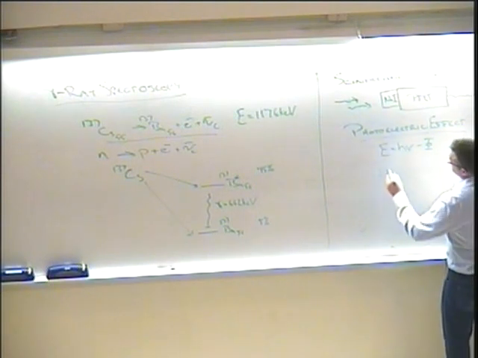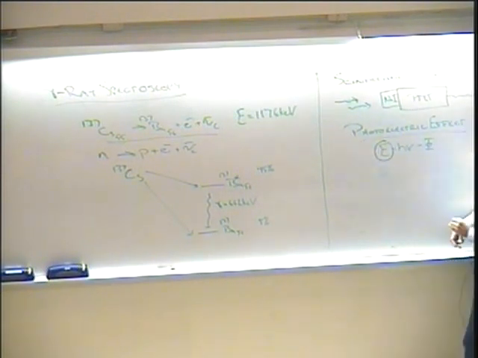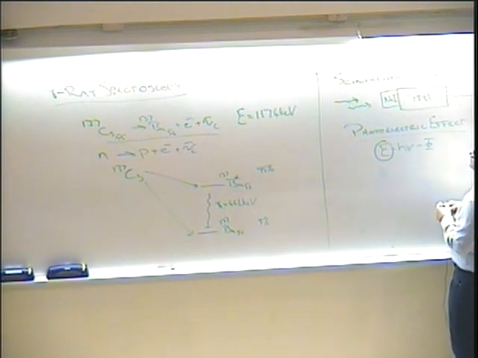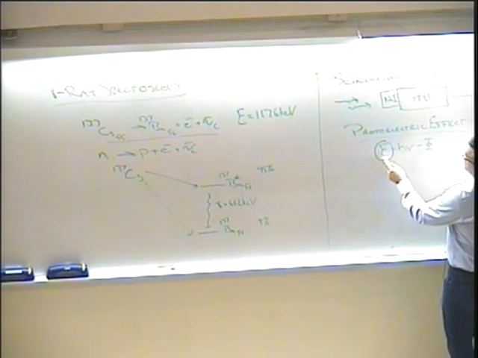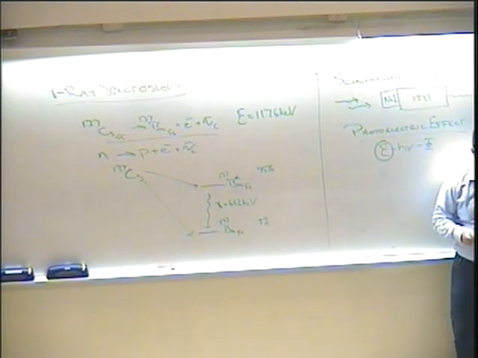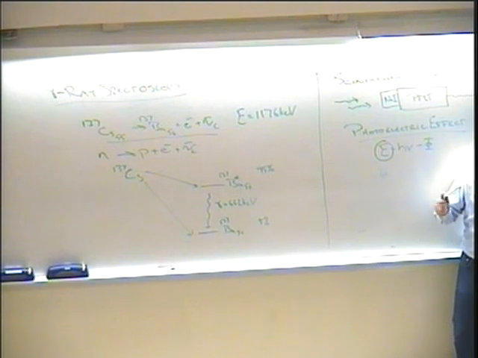So you have an electron with some kinetic energy. What's going to happen is that that electron with a given energy is going to interact with the rest of the crystal lattice. It's going to take the energy of that gamma ray and spread it out to the entire crystal lattice.